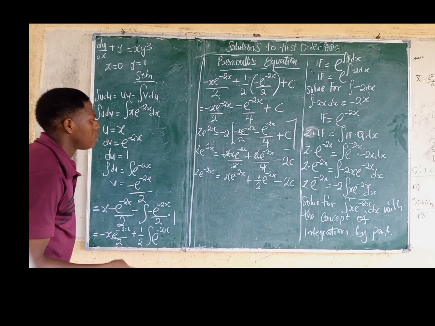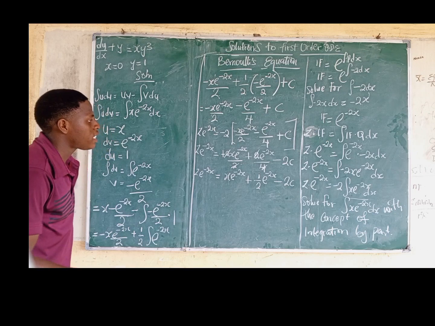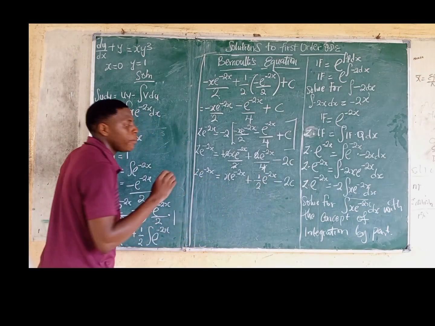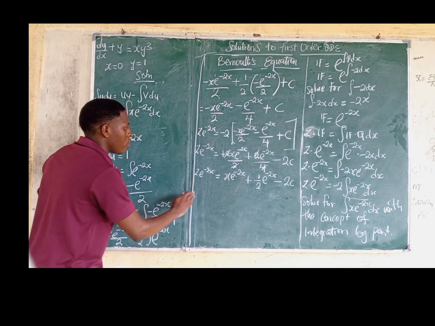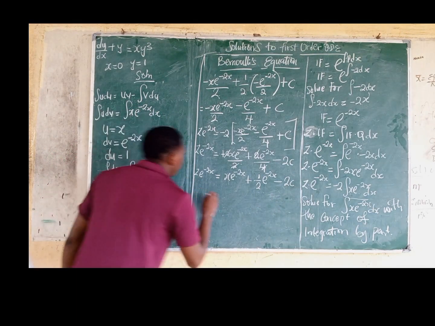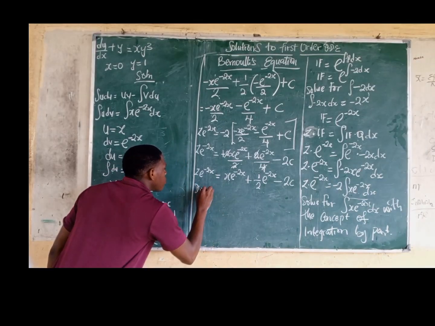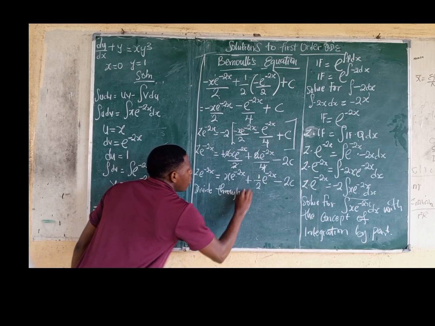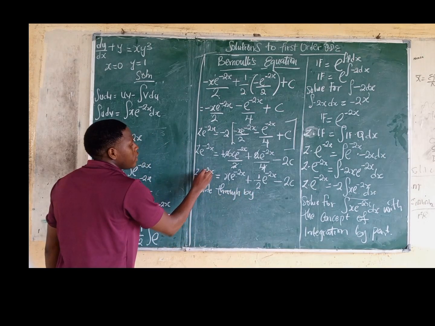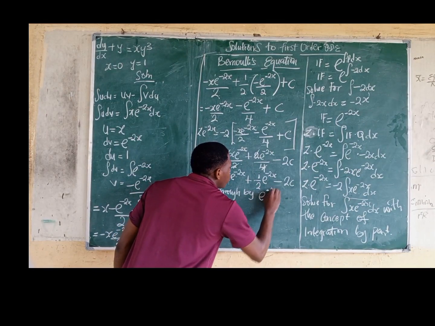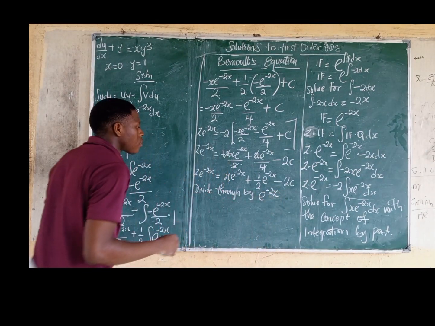You've simplified it. The next thing is to use what you have here to divide through. So you'll be left with z as a constant. Now, letting z stand alone, we divide through by exponential minus 2x.